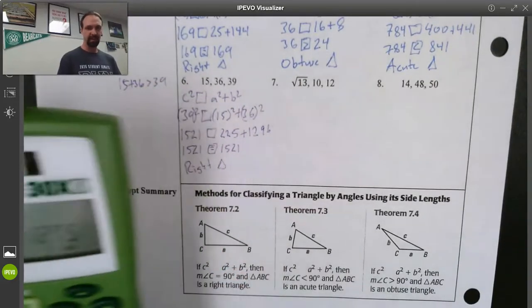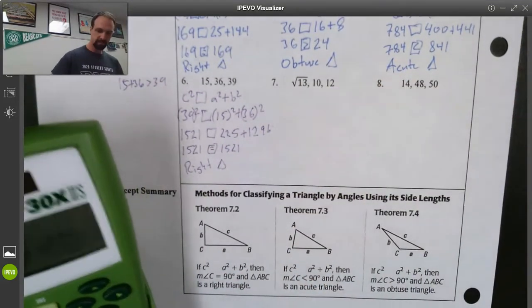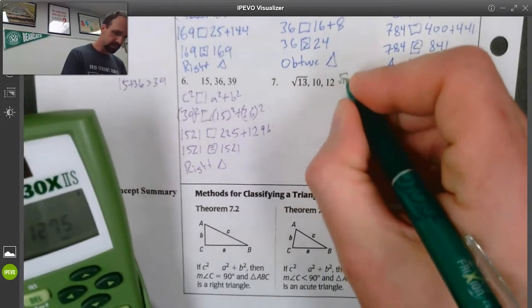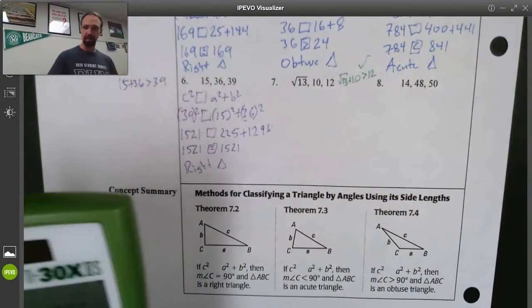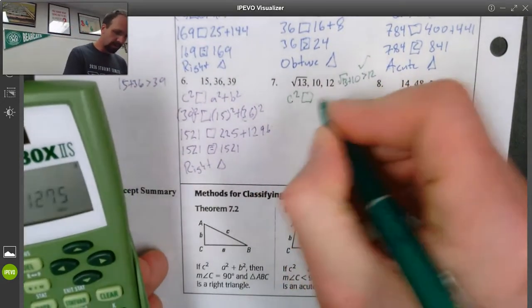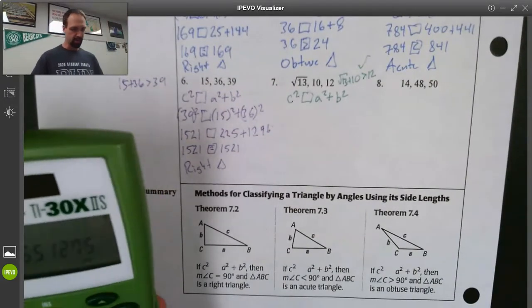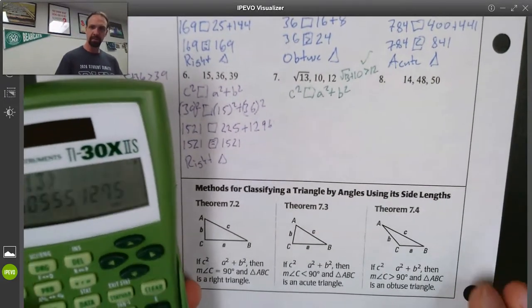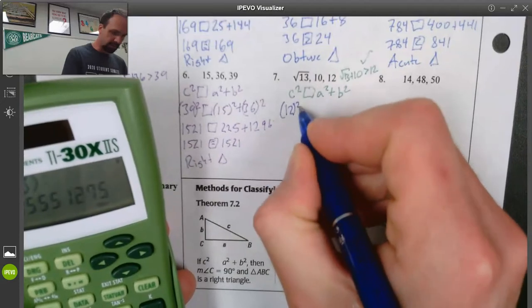So if I add that to 10, it is greater than 12. So again, verifying each time that it does work. And then c squared, some relationship with a squared plus b squared. So now we got 12 going here for the c.